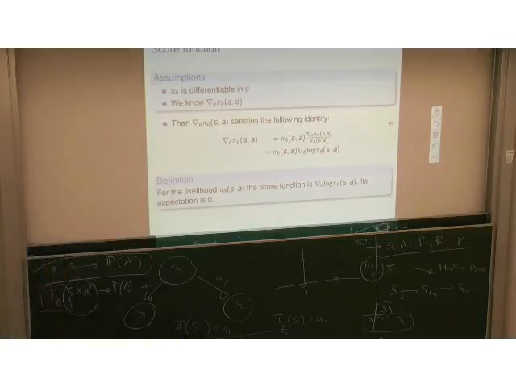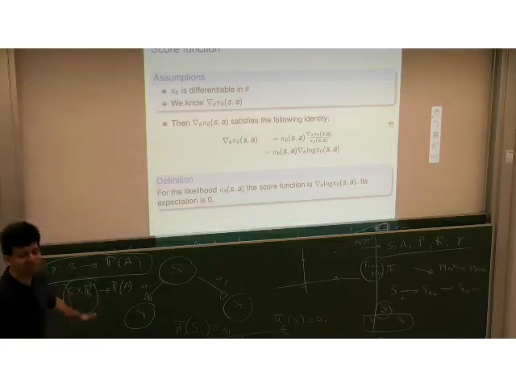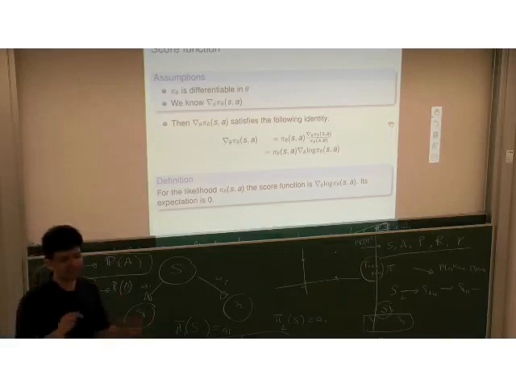Okay, and the score, we will also maybe next time do this calculation, but the score always has zero expectation. Well, nothing is always. One has to say if the dependence is good, like if you have this smooth dependence, then you can interchange some integral with some derivative or some summation. So convergences hold.